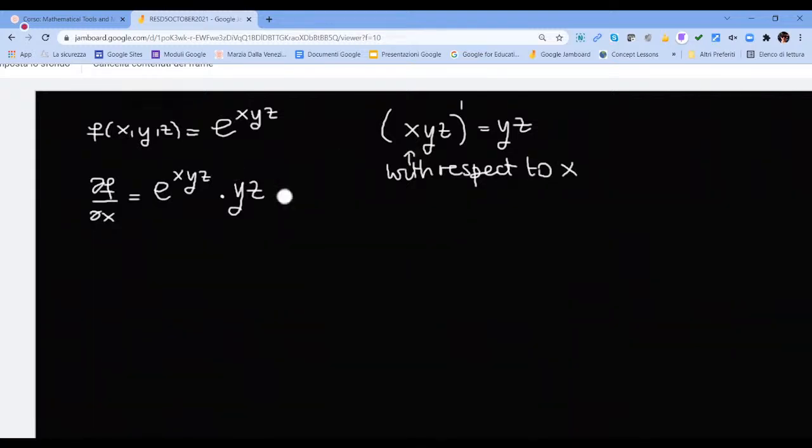So we can write it better this way. I put y and z in front of the function, and then we compute the other derivatives of the function.